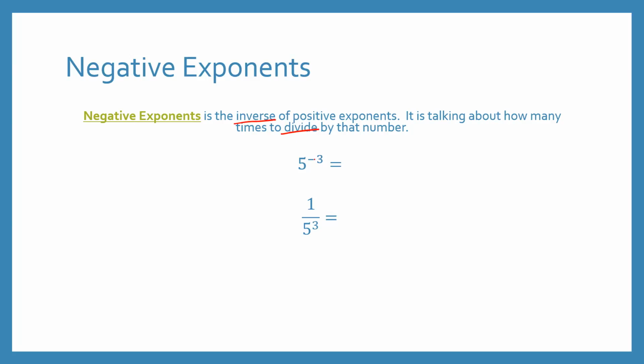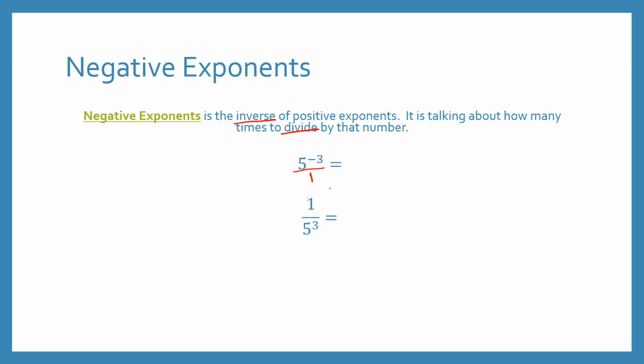So to do that, we have to move the negative exponent to the denominator. The general rule is that anytime you have a negative exponent, whether it's in the numerator or the denominator, you're going to move it to the opposite place so that it can become positive. So this was 5 to the negative third, which really is over 1.